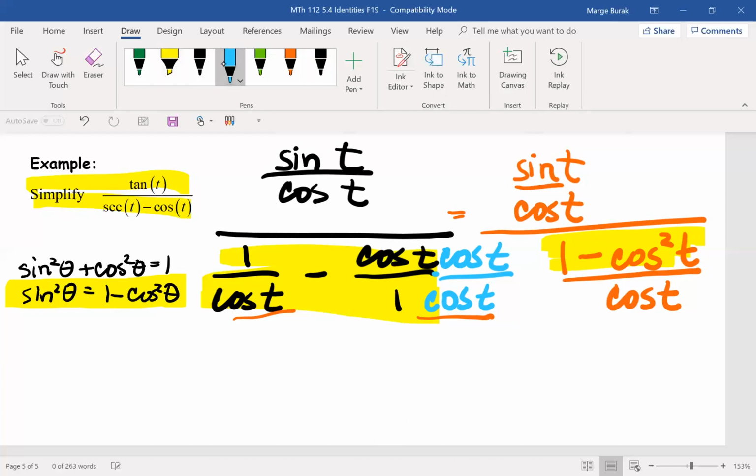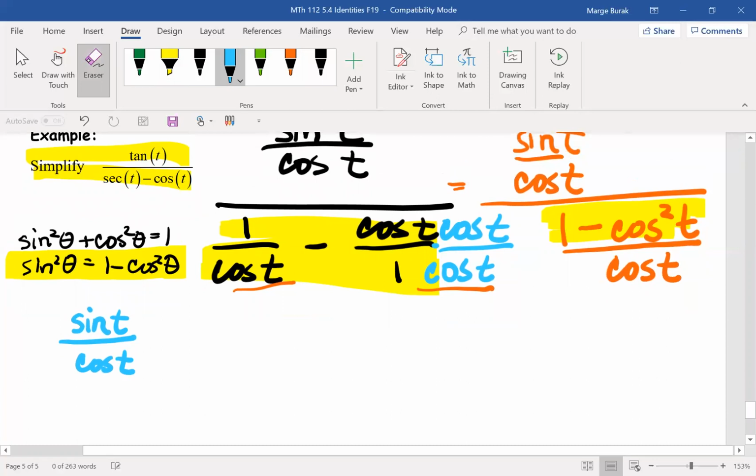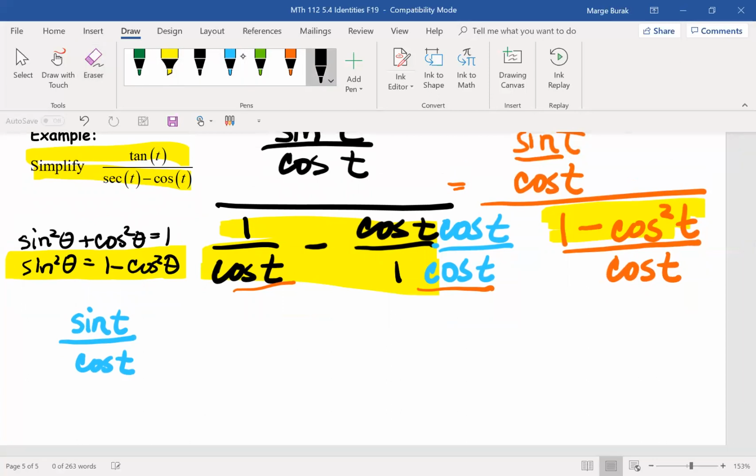So we're going to keep our numerator, sine of t over cosine of t. And we're going to divide that, instead of 1 minus cosine squared, by sine squared over cosine t.